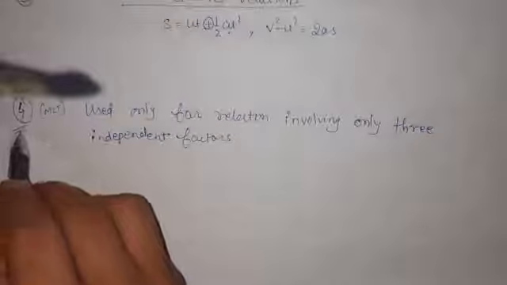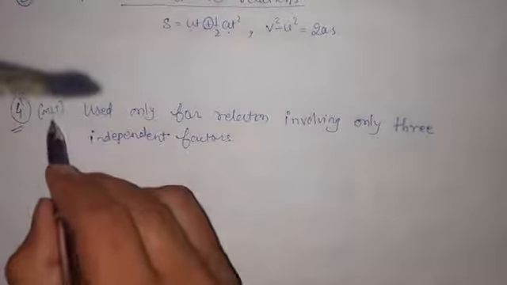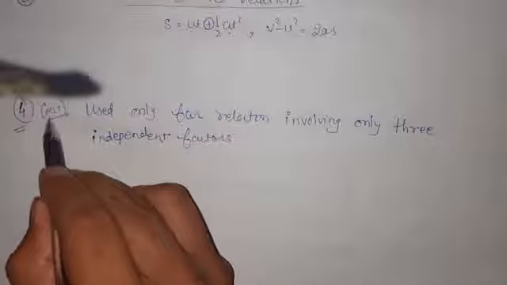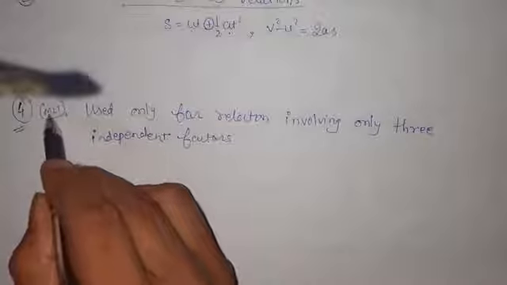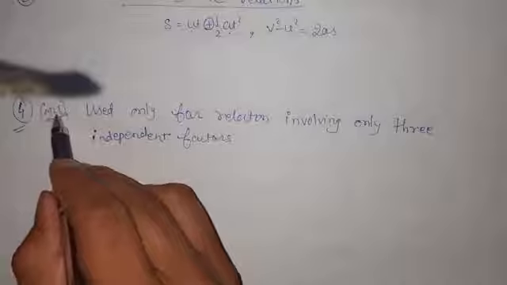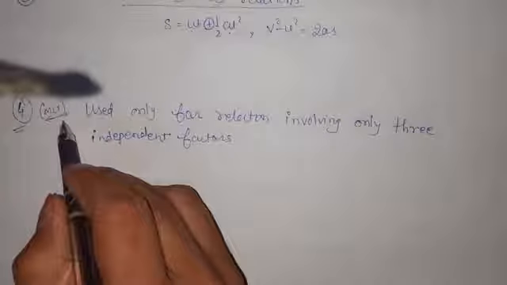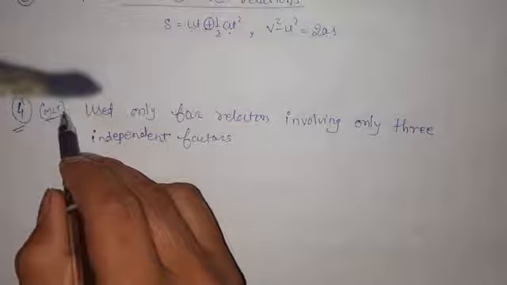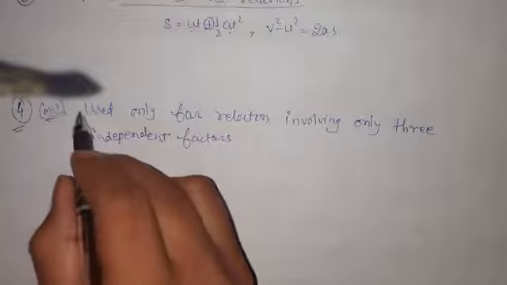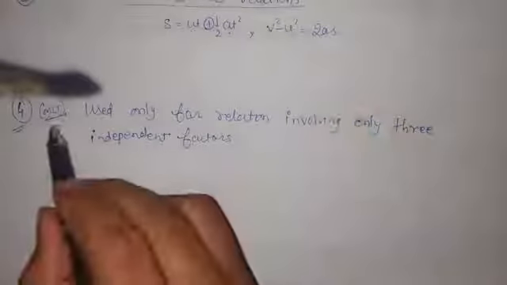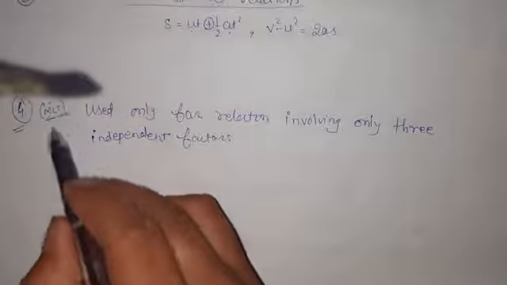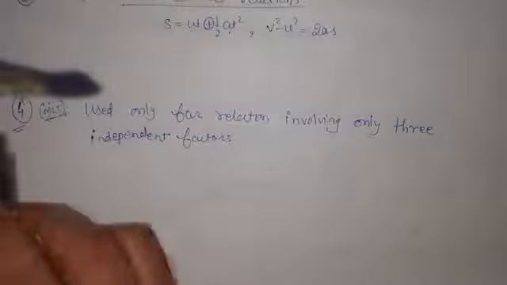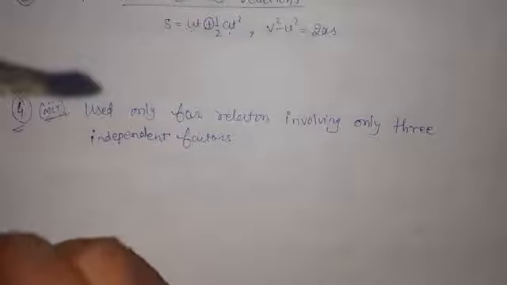Now the fourth restriction. In dimensional analysis, we compared the powers of M, L and T using the homogeneity principle. We compared the powers of mass, length and time. Therefore, it can derive only those relations which involve these three physical quantities.